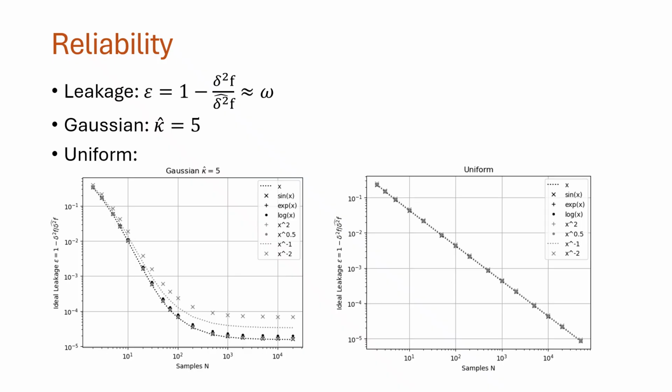And we can see the similar thing for uniform distribution. However, because uniform distribution, the bound momentum is much smaller, the linear leakage is a good approximation for the ideal leakage in all cases.